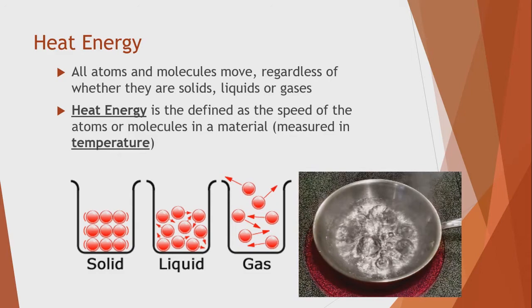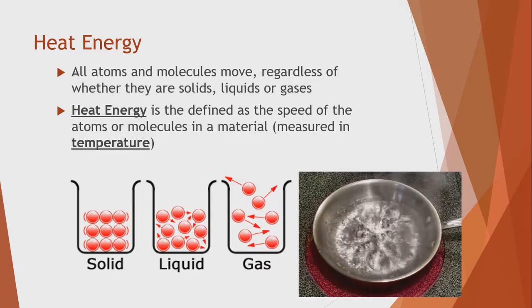So if we have something that's a solid, you're thinking, I don't know, the table this is on right now isn't moving, it's staying put. But if we could look very, very closely at the atoms of this table, we would actually notice that they're vibrating and shaking very, very slowly.